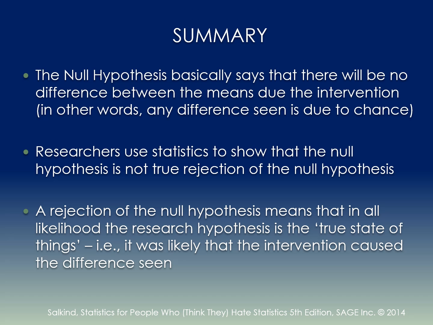We have to accept that something else caused this change or this difference that we saw. And so the rejection of the null hypothesis means that in all likelihood, what the researchers did, the intervention, the behavioral therapy, whatever it is they did, really caused the change in the variables that they saw, and that really is the true state of things. Their experiment, for lack of better expression, worked. It didn't happen by chance.